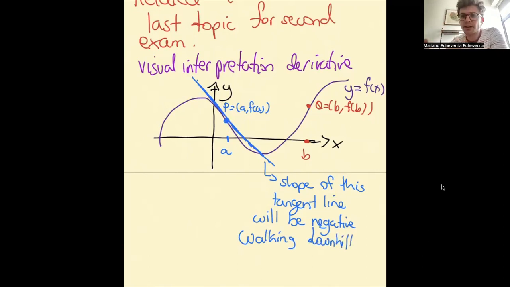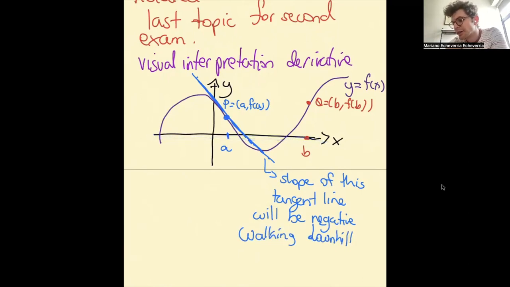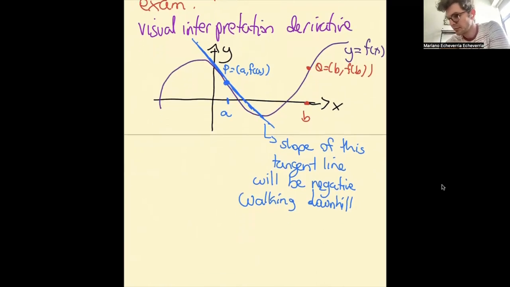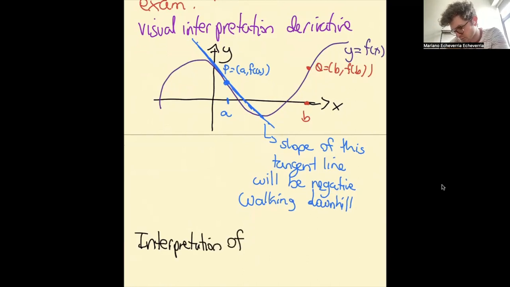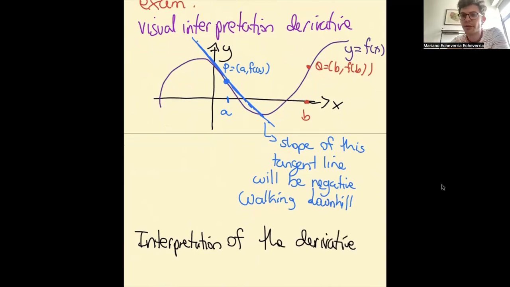And what that literally would mean is, for example, imagine this is the sea level or whatever. So that literally means that your height is decreasing, right? So the interpretation of the derivative, let me put it right here, is that if the derivative is negative at some particular point, then the function is decreasing there.